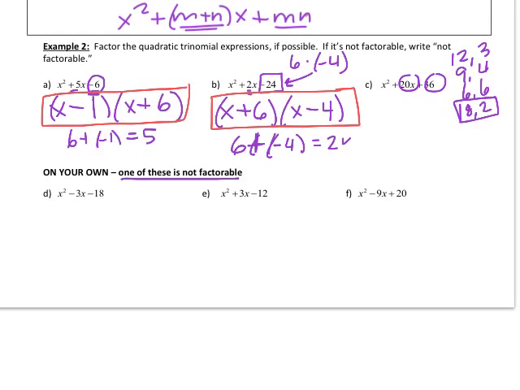So I'm going to write this out, x plus 18 and x plus 2. All right, and so if I FOILed that out, when I FOIL out these two binomials, I should get 20x and a 36 for my C, because I know that 18 times 2 is 36, but 18 plus 2 is 20. All right, and that's what you're looking for in your problems that you're going to do down here.